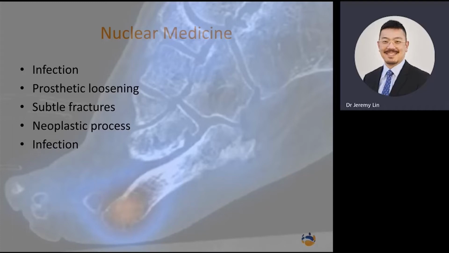Now, nuclear medicine has come a long way compared to the old days when it was just balls of fuzzy images, with the overlapping functional and spatial images of the SPECT and PET CT. It's a much better study now for looking for small areas of abnormality. However, it's not often used in day-to-day imaging as far as the ankle is concerned.